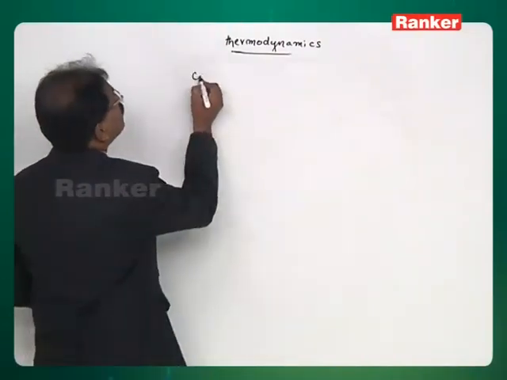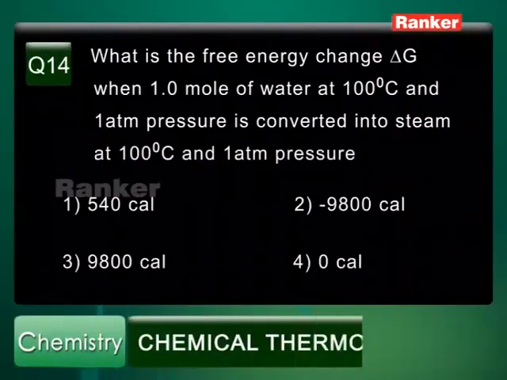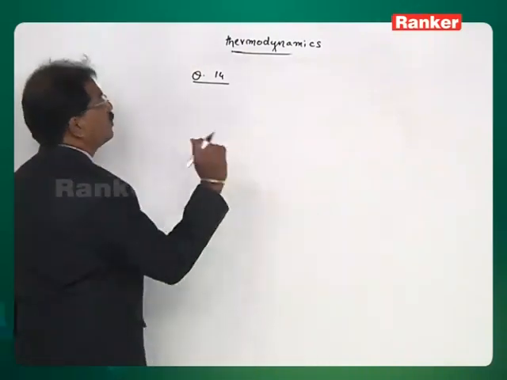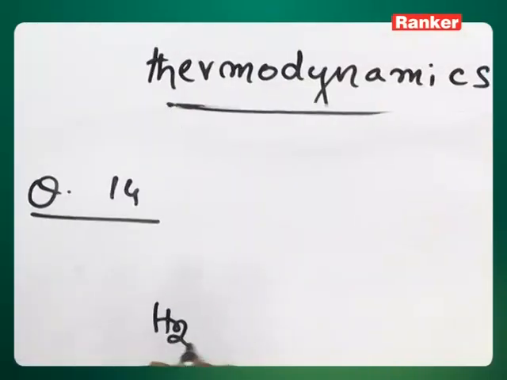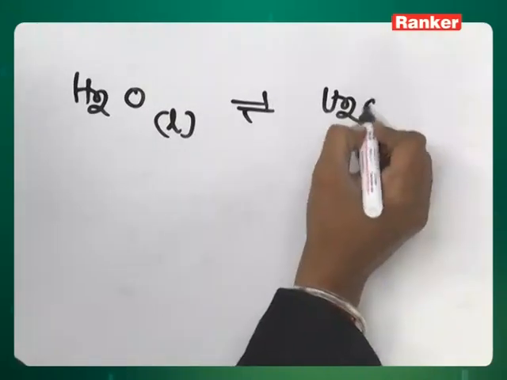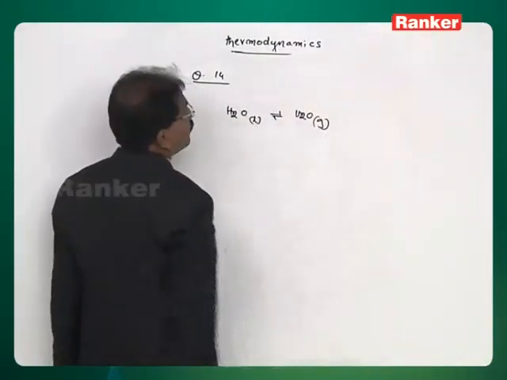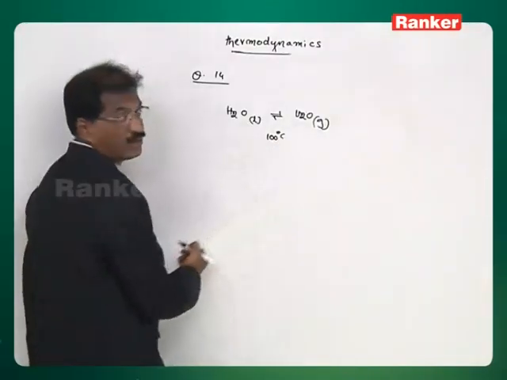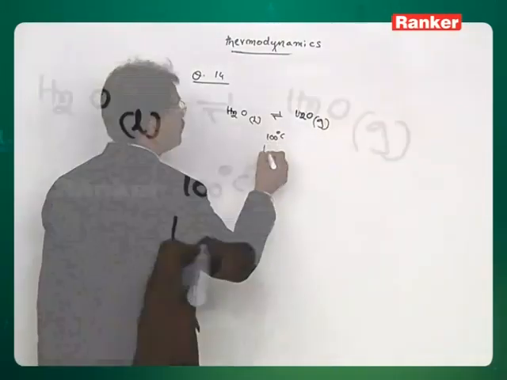Next, question number 14. What is the free energy change when 1 mole of water at 100 degrees Celsius and 1 atmosphere pressure is converted into steam at 100 degrees Celsius and 1 atmosphere pressure? So, represent the reaction which involves the conversion of liquid water into steam. This reaction is taking place at 100 degrees Celsius and at 1 atmosphere pressure.